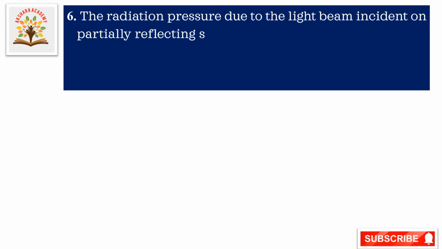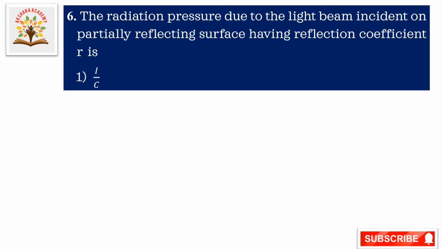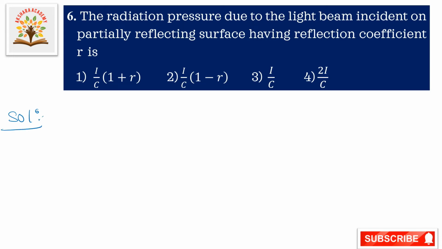The radiation pressure due to a light beam incident on a partially reflecting surface having reflection coefficient R is. Now let us go to the solution. For a partially reflecting surface, A plus R is equal to 1.